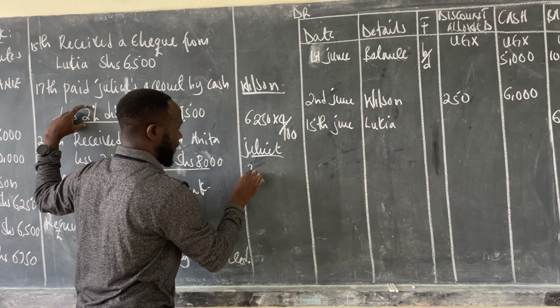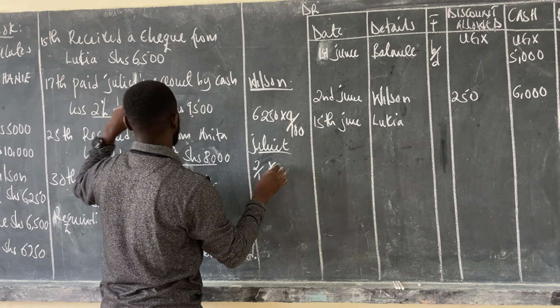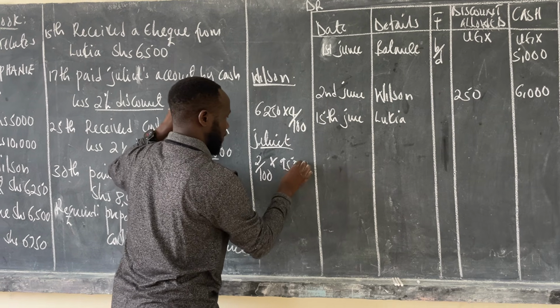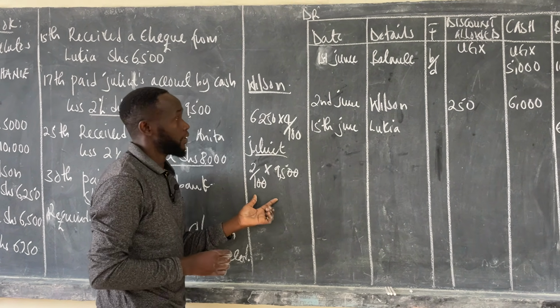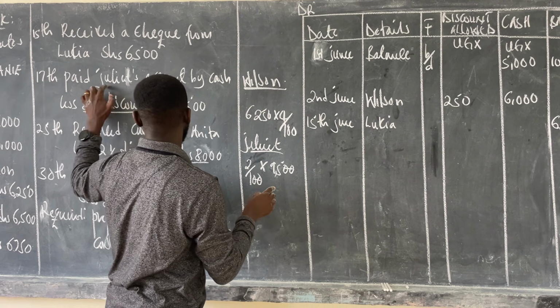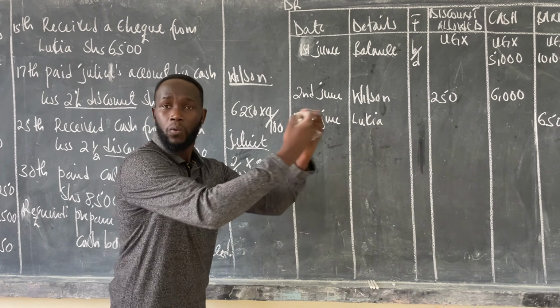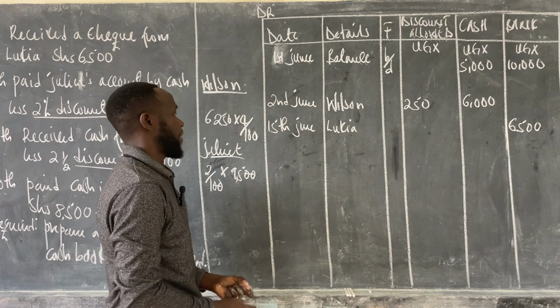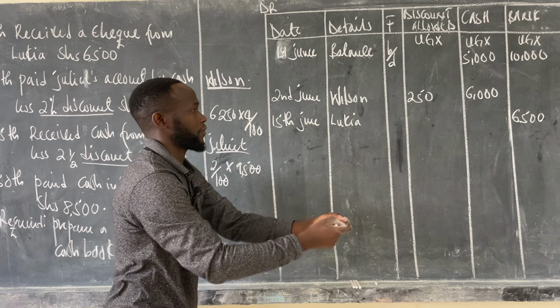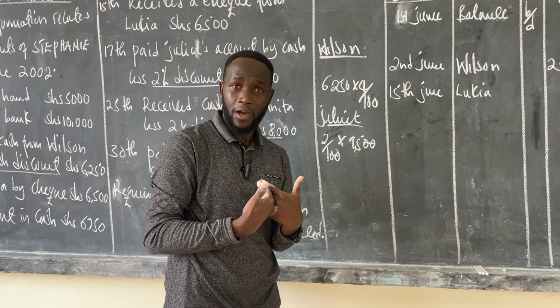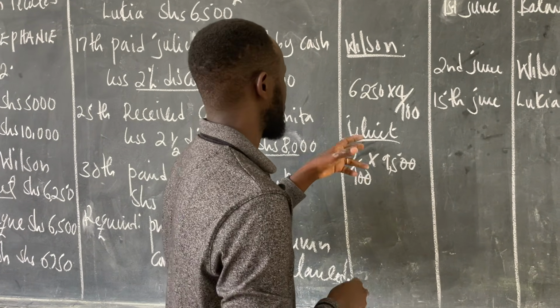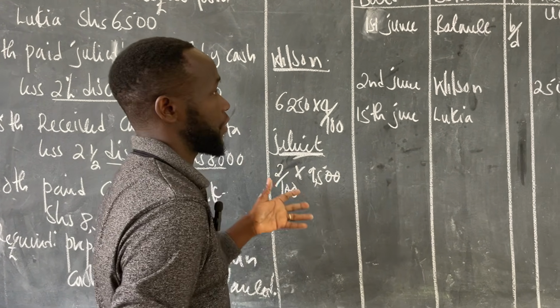Now, it is 2% of 9,500. So these two will cancel. Remember, when we say paid Juliet, it is us who are paying out this amount of money. So as we are paying out this amount of money, it means it is us who are receiving a discount. So we are receiving a discount because we are paying out money to Juliet.